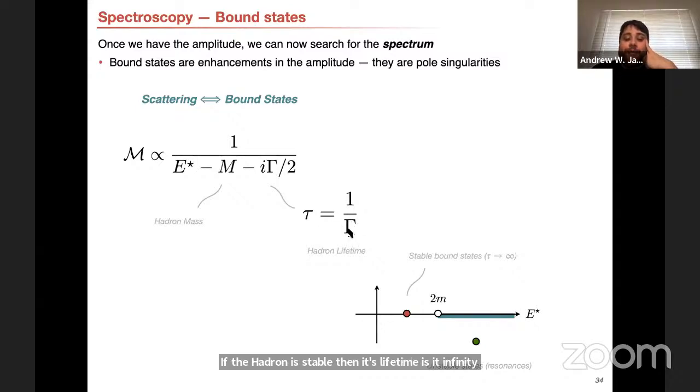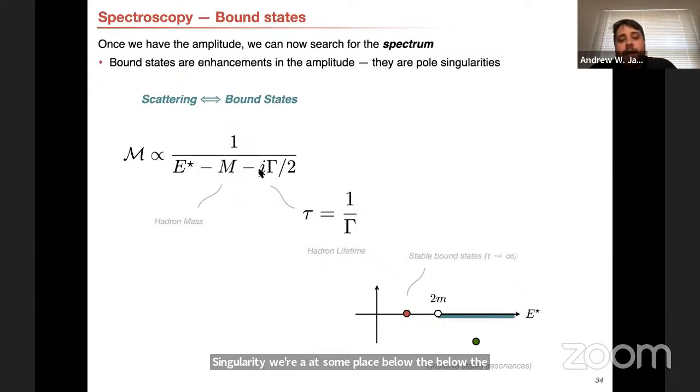So its decay width is zero, which means you just have a real pole when E star equals M, this denominator goes to zero and the amplitude diverges to infinity. So stable bound states, where the lifetime is infinitely long, occur as a pole, some 1 over X type singularity, at some place below the scattering threshold.